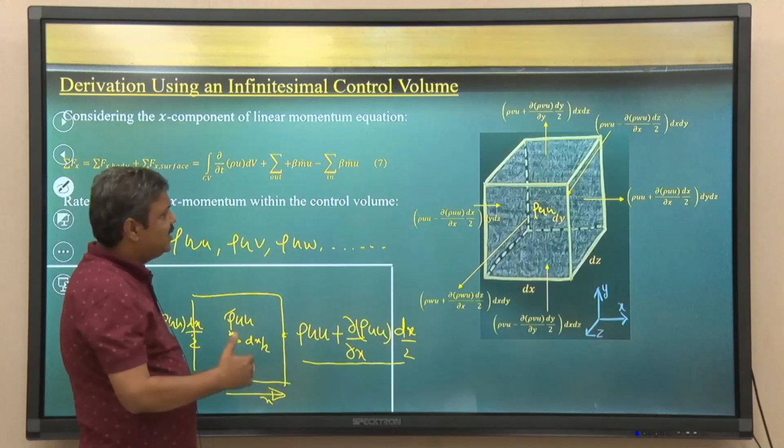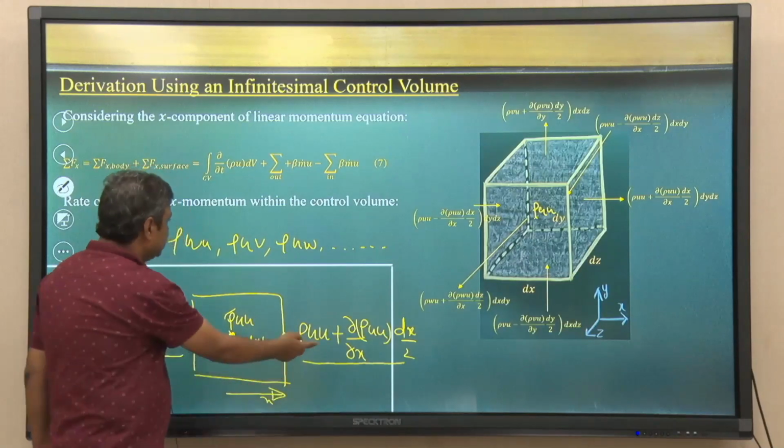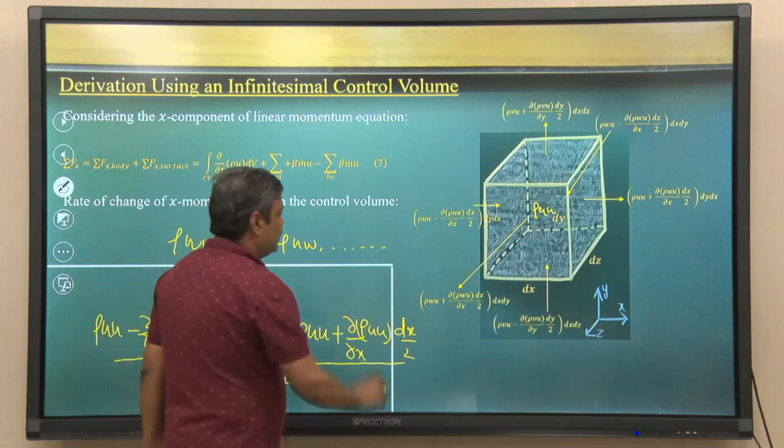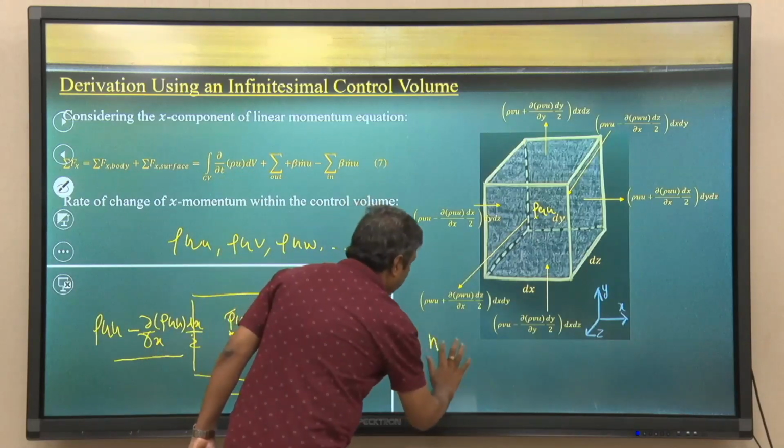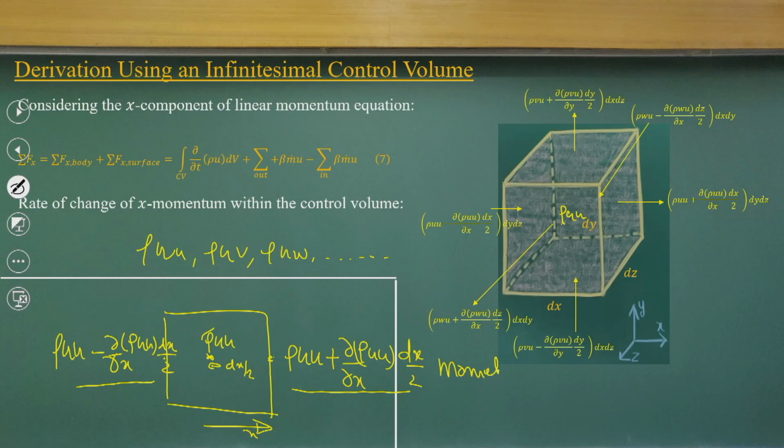And if I look at the net, just subtracting along this, the momentum flux per unit area.